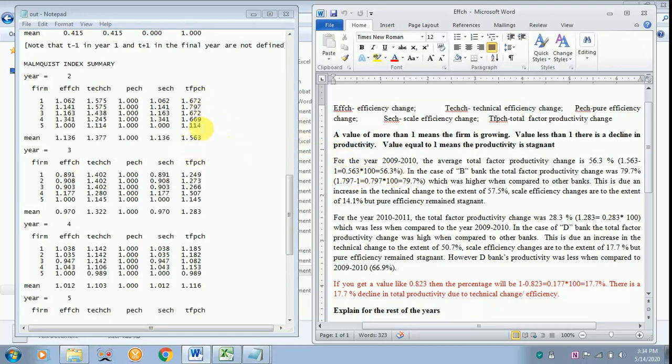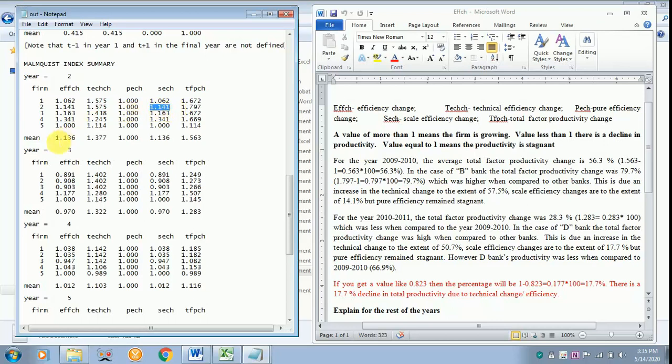When comparing all the banks for the year 2, that is 2009-10, it is B bank which is more productive compared to the rest of the banks. The reason is the technical change, which accounts for 57.5%, and scale efficiency, which accounts for 14.1%. This is how you have to report.